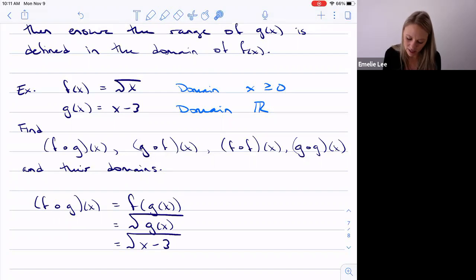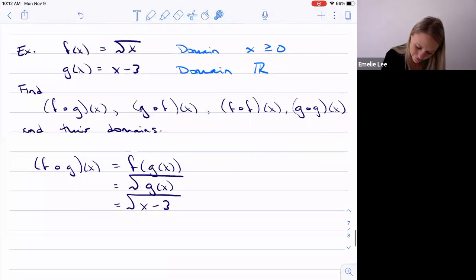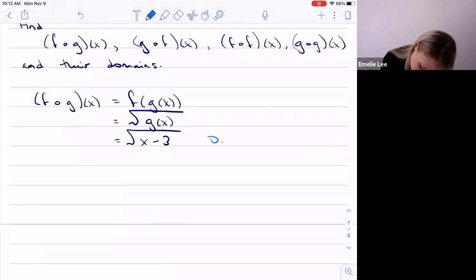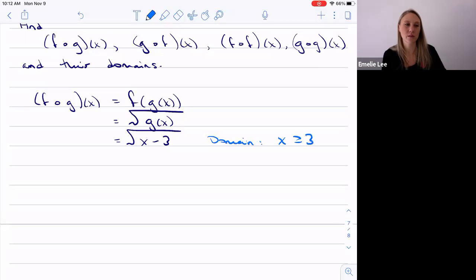But now I need to put a restriction on that and say, well, for f of x, I can only have inputs larger than or equal to 0. I can just look at this and say my domain here must be x is greater than or equal to 3.